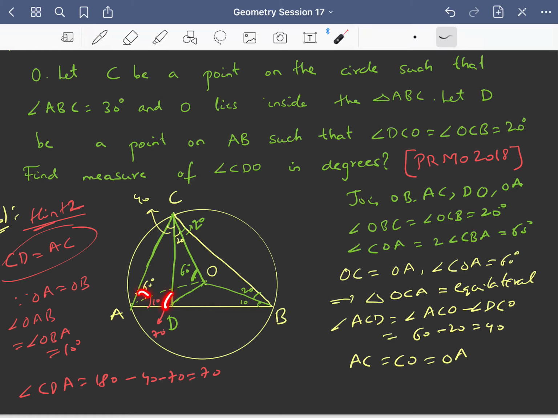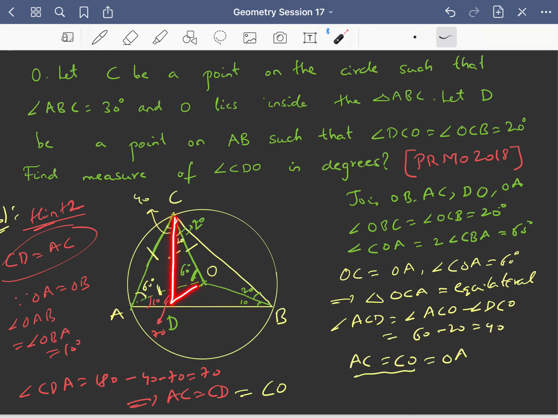Now since this angle is 70 and this entire angle is 70, then AC must be equal to CD. So this simply implies that AC is equal to CD. Okay. So now you have CD is equal to CO because AC is equal to CO. So all these are equal. AO, OC, AC and CD, all these are equal.